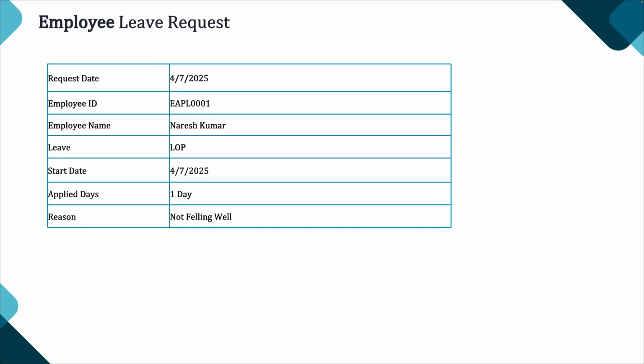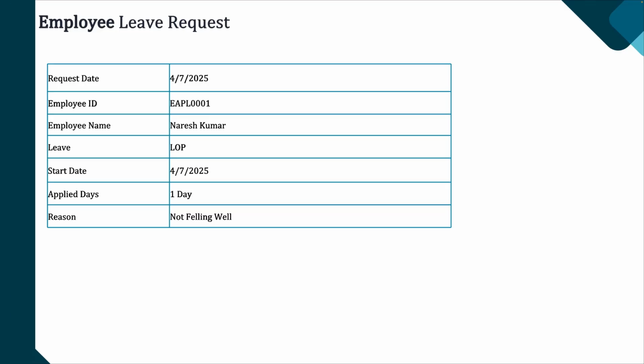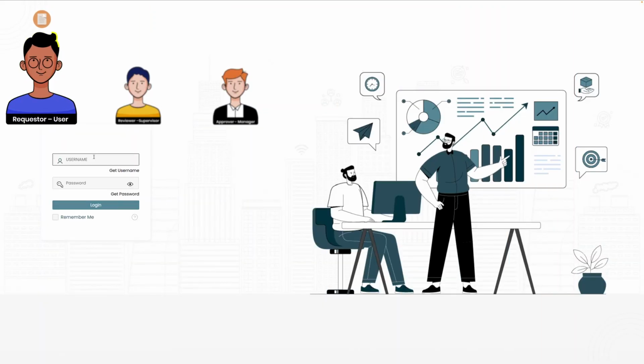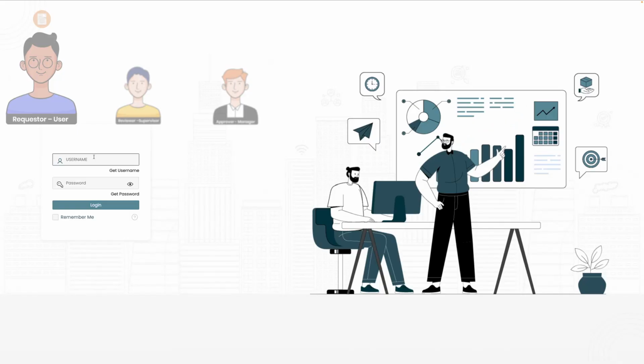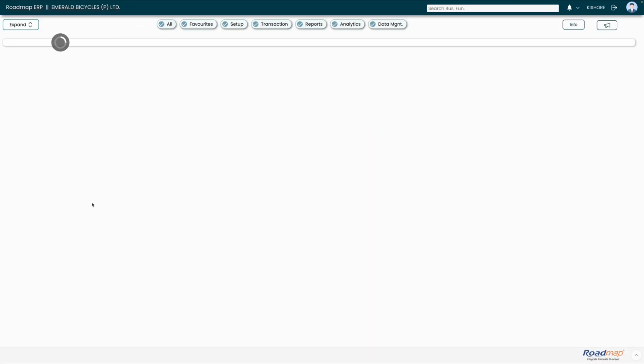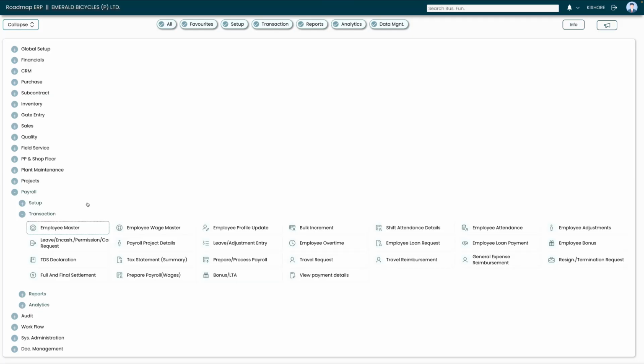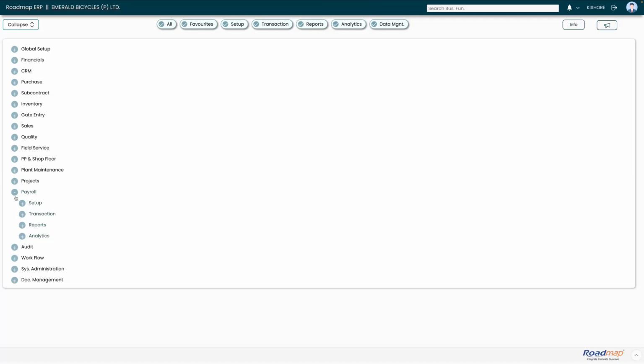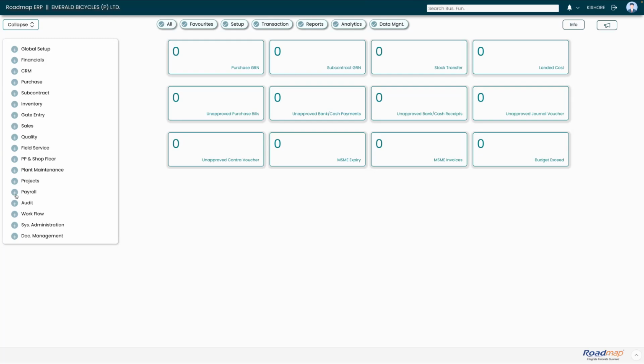Let us log in to our ERP system. Now enter the user credentials, username and password. Once logged in to our ERP system, to raise a leave request, we have to navigate to Payroll.